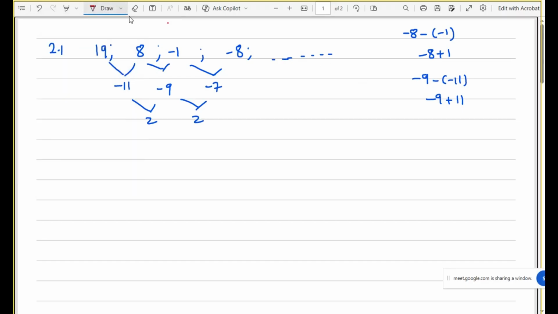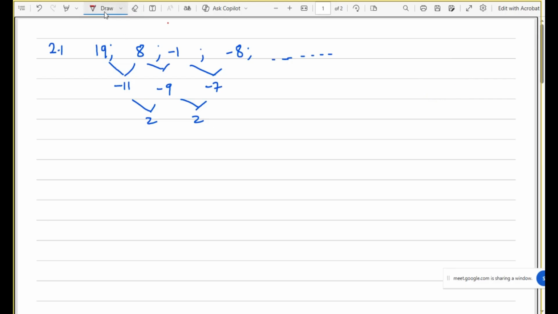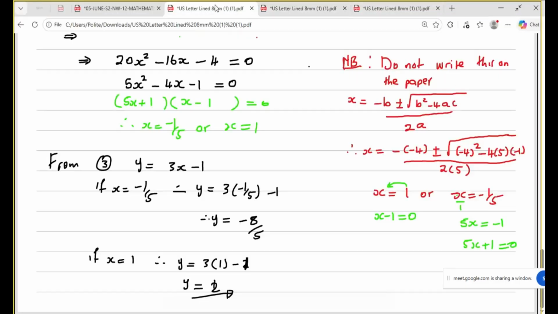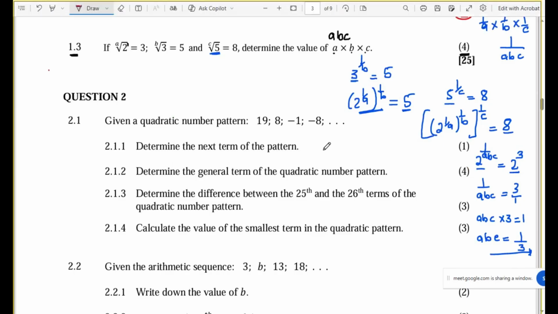Now we're going to answer the following questions using this quadratic pattern. In most cases they'll need you to find the first three terms of the pattern, but in this one they only want the next term, which is term number 5.